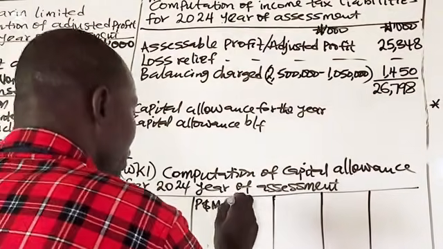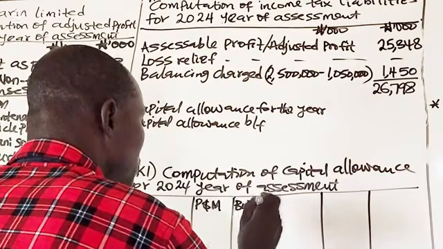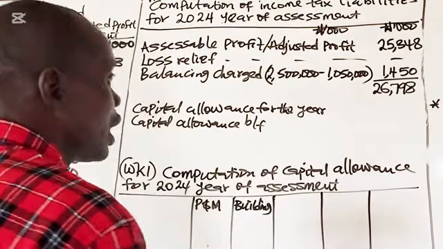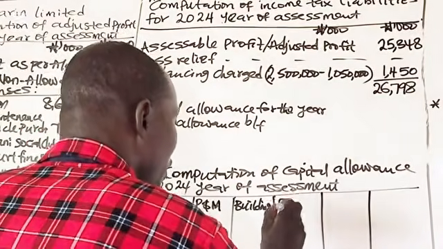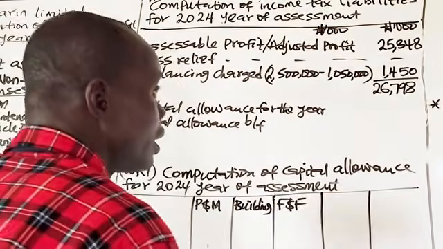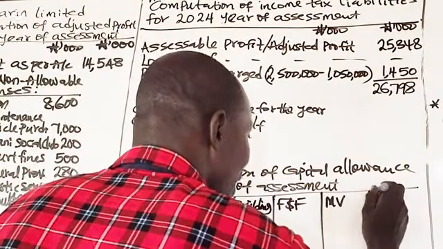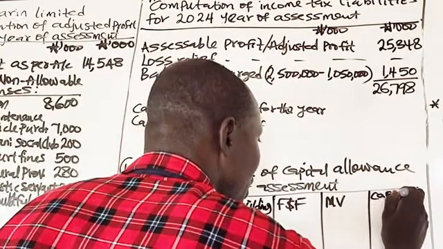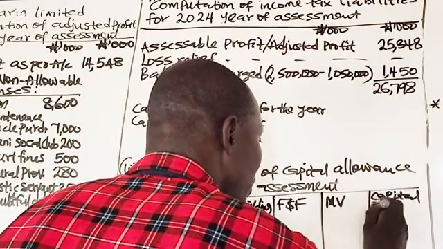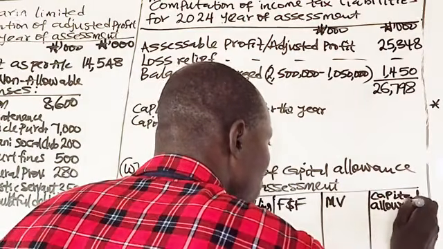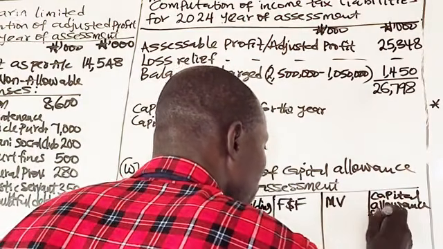The second one is building. The third one is furniture and fittings. The fourth one is motor vehicles. Then let's have capital allowance for the year.